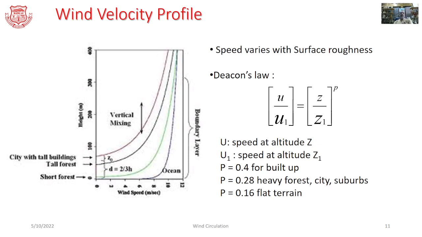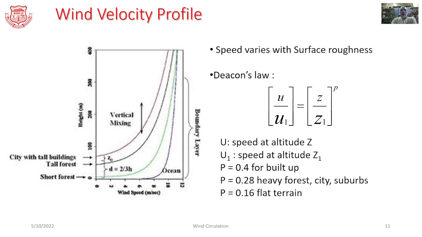Usually, wind speed is measured at a height of 10 meters by making use of anemometers. The variety of anemometers we have already discussed.